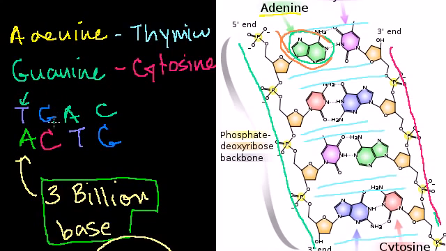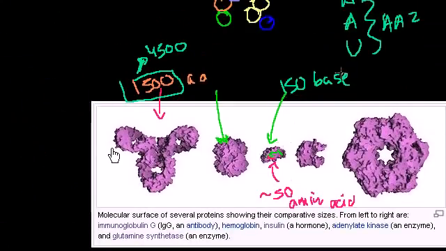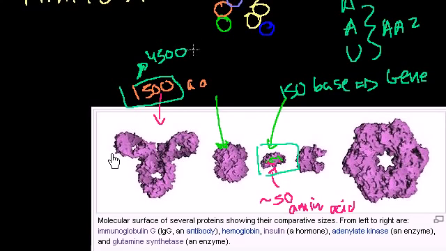But how does that relate to things like genes and chromosomes that you might talk about in other contexts? These base pairs, let's say the 150 base pairs that coded for insulin, make up a gene. And these 4,500 base pairs make up another gene.